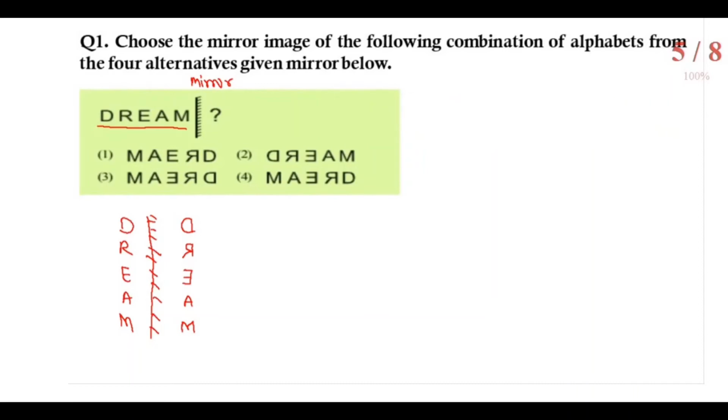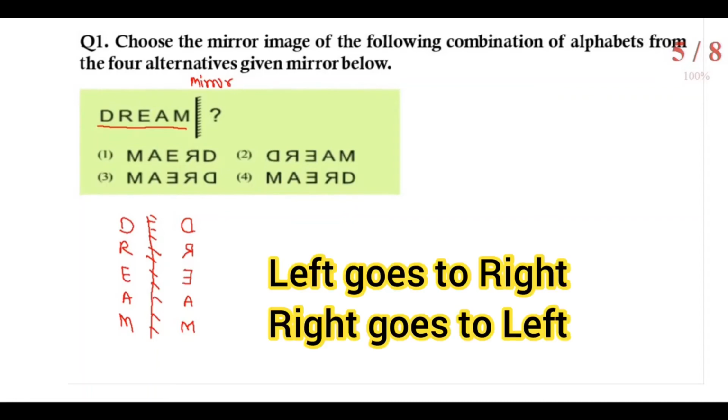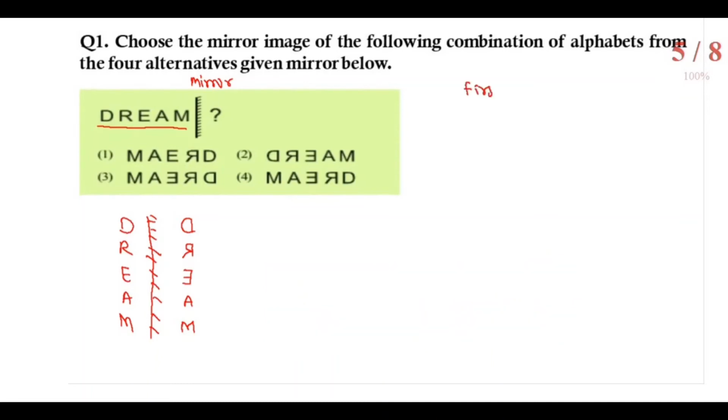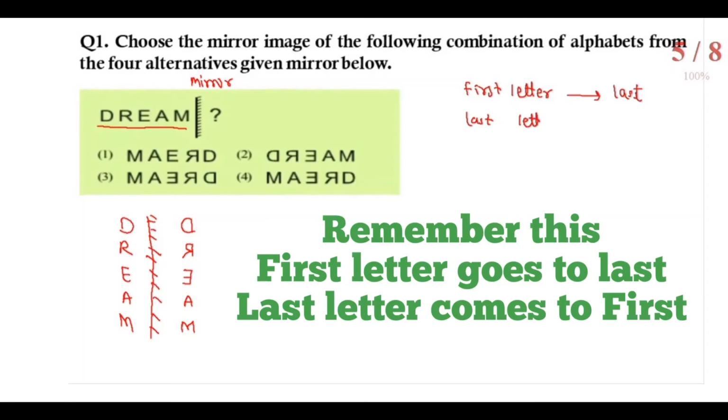In this mirror image of DREAM, whatever the left portion of the object is, is seen on the right portion, and the right portion of the object is seen at the left portion. Means whatever the first letter is will come at the last, and whatever the last letter is comes first.